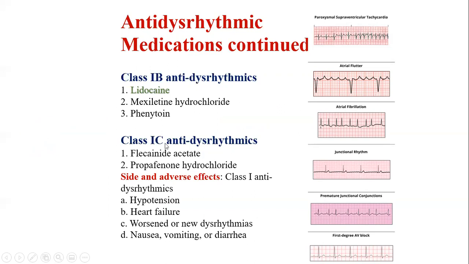And for class 1C antiarrhythmics we most commonly use flecainide or propafenone. If you ask me the indications of class 1 antiarrhythmic drugs, we use this group for supraventricular tachycardia or ventricular tachycardia, and for atrial flutter or atrial fibrillation.